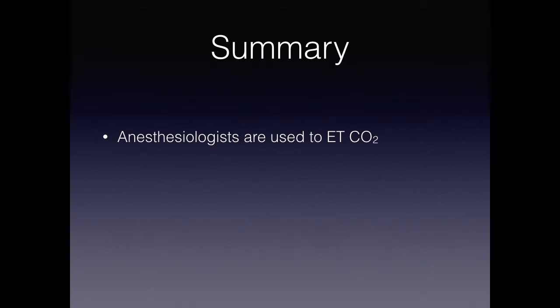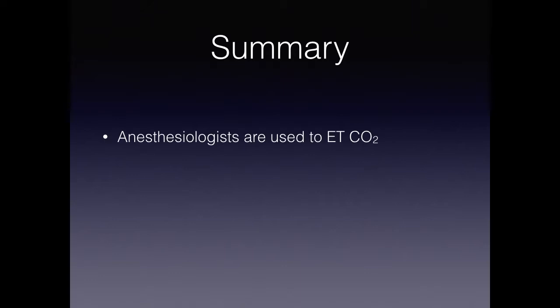Let me give a little bit of summary, and then I'll move into some practical points. Anesthesiologists are used to end-tidal CO2. It's hard to get end-tidal CO2 away from an anesthesiologist. I trained just before end-tidal CO2 became something you found in every operating room. We used to stick tubes in the esophagus and find out about it 8 minutes later when the surgeon would say, the blood looks awfully dark.